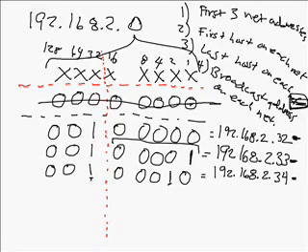Alright, now what would the last host be? Well, we would continue counting in binary to identify more and more hosts until we got to the last host, which would be 1, 1, 1, 1, 0. Now if we put a 1 there, that would be the broadcast address. But the last host is the last address before the broadcast address.